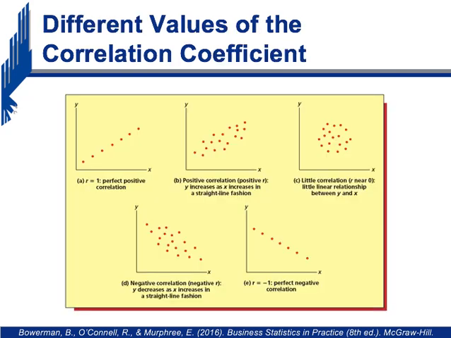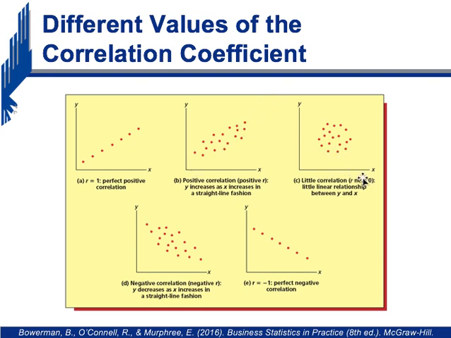Now, here are some graphs that show us how the scatter plot will look like based on the value of r. So here in this graph, we can see a perfect positive correlation because this data set has an r of 1. This shows a positive correlation or a positive r, and that is seen by the increasing trend of the points.